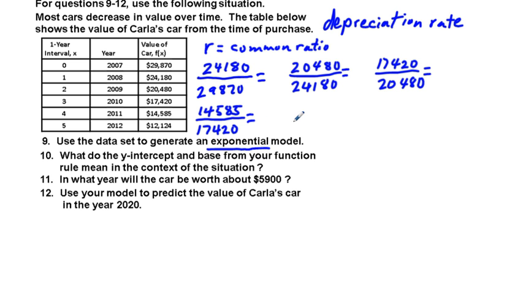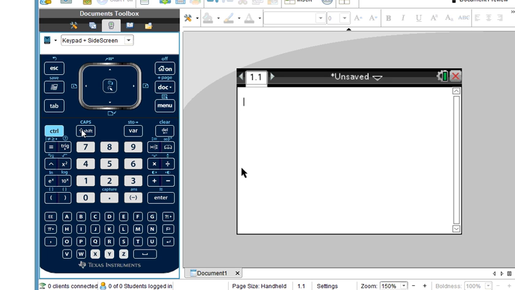And then finally, we have 12,124, divided by 14,585. And we're going to get a good look at our common ratio from these 5 calculations.